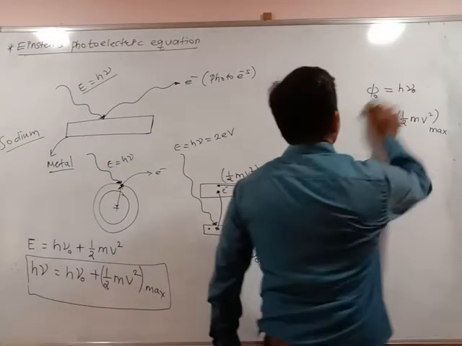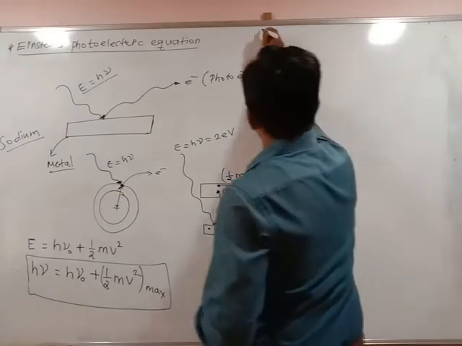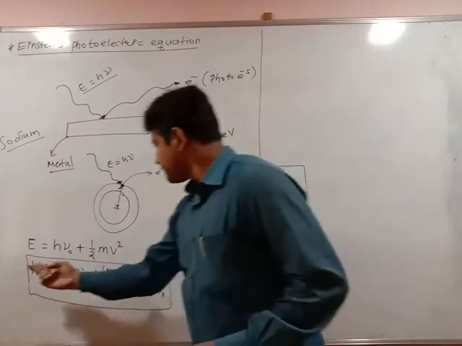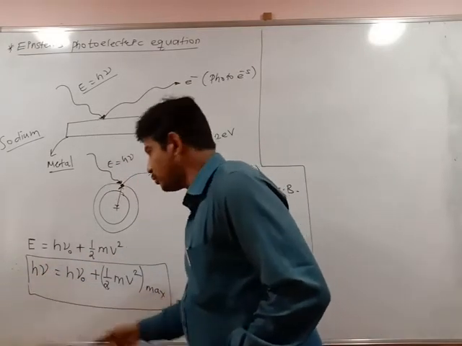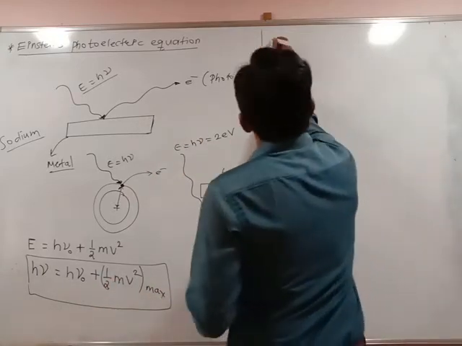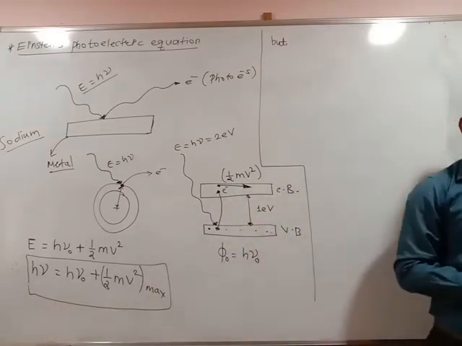So h nu is equal to h nu 0 plus 1/2 mv square. Now see the next condition here. Incident energy is the input and this is the output. h nu is equal to h nu 0 plus 1/2 mv square. But we know one condition, that is stopping potential.